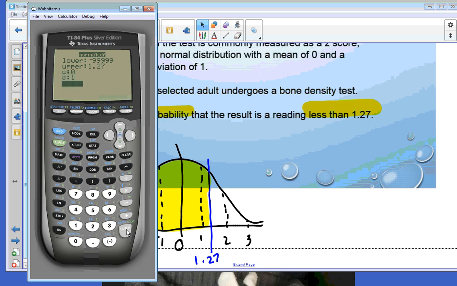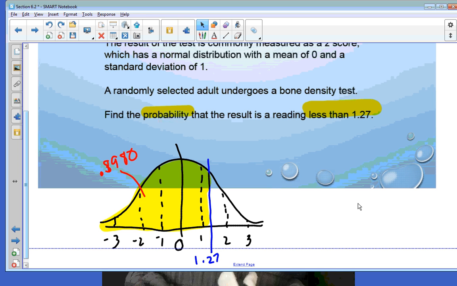Close your parenthesis and hit enter, and I get 0.89795, which would be rounded to 0.8980. So the probability of selecting a person who has a bone density reading from the test less than 1.27 is 89.8% or almost 90%.